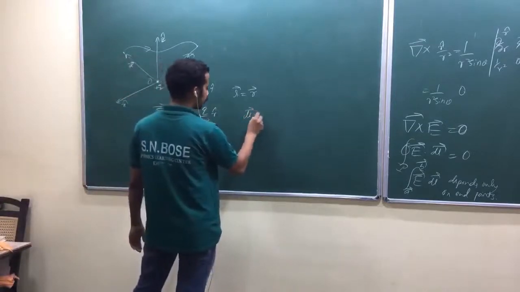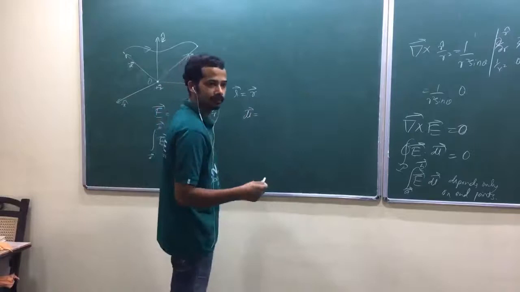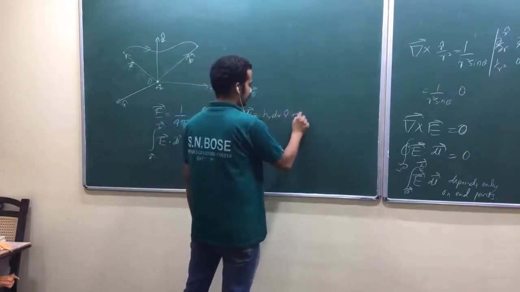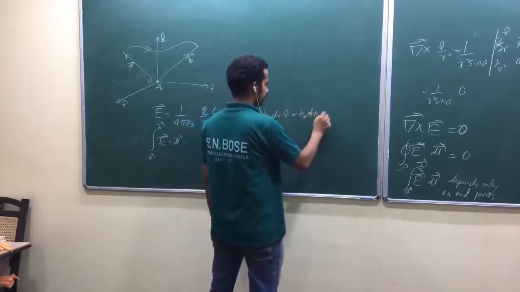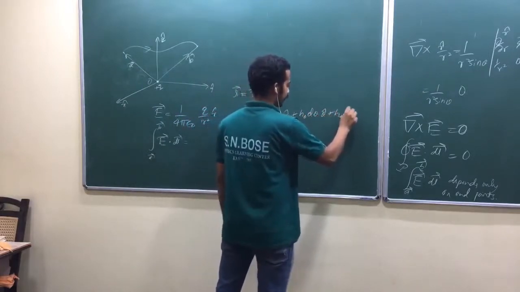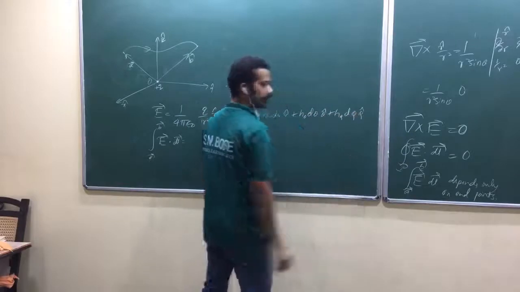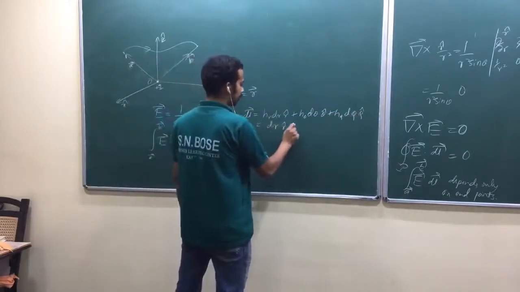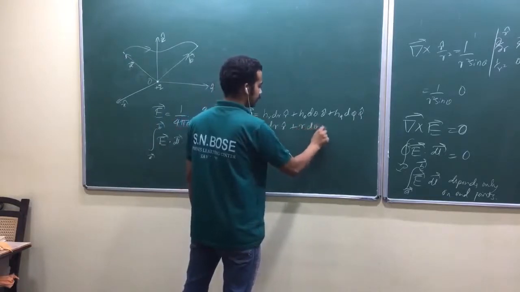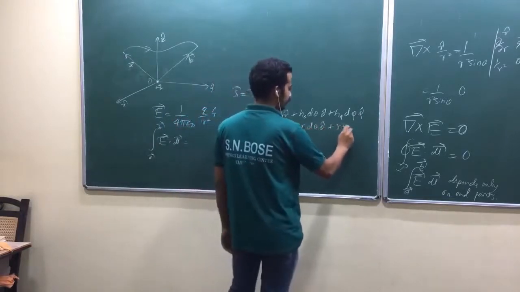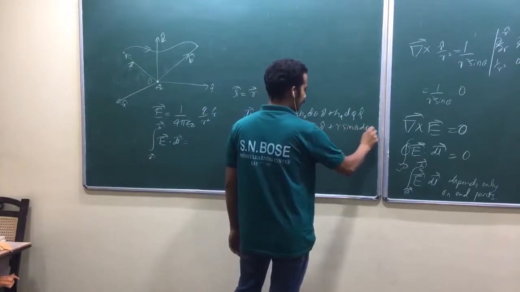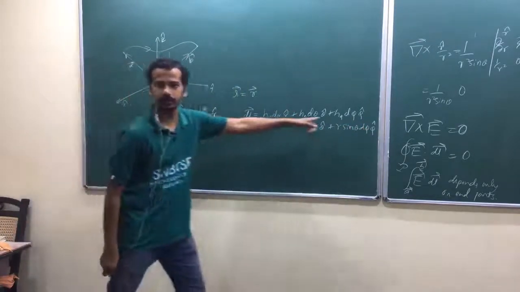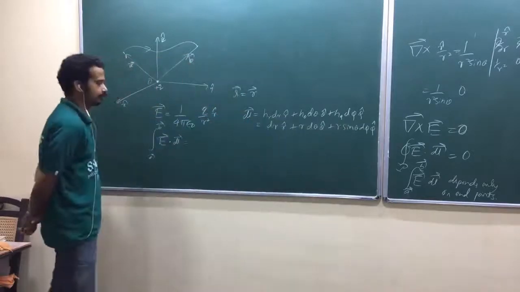What is dl vector in polar coordinates? h r dr r cap, h theta d theta theta cap, h phi d phi phi cap. Is that okay? What is this one? dr r cap plus r d theta theta cap plus r sin theta d phi phi cap. Just remember that pattern, isn't it? I hope you got that idea, how to write that one.